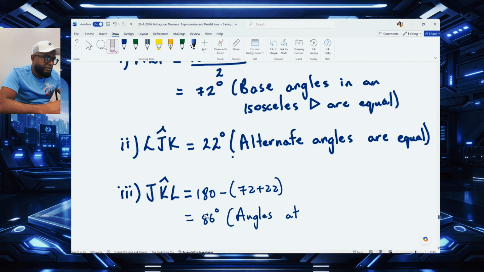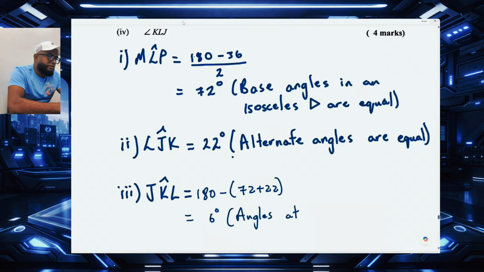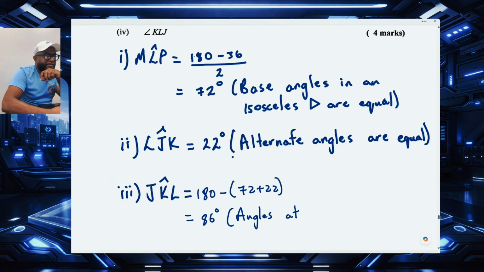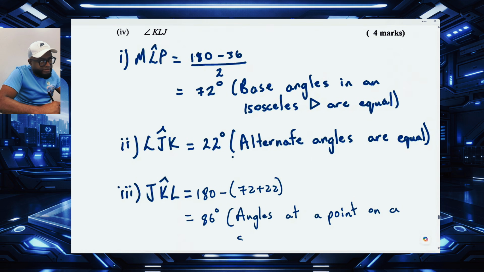Yes, sir. I also got 96. Alright. Are you sure? Oh, wait, no, sir. Yeah, 86. So angles at a point on a straight line, it could be 86. Because when you add up this, you'll get 94, right? 180 minus 94 would not give us 96.